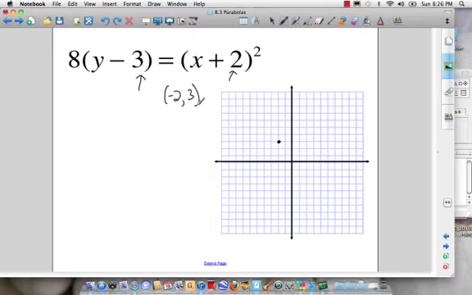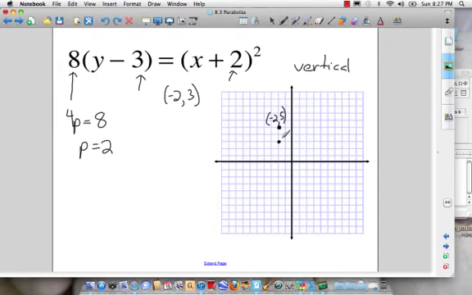And since the x is the variable that's squared, this one's going to be vertically aligned. And this number right here, 8, that's your 4p. So if 4p is 8, that tells us that p is 2, which means that the focus should be 2 units away from the vertex, and its coordinates are (−2, 5). So there's your focus.